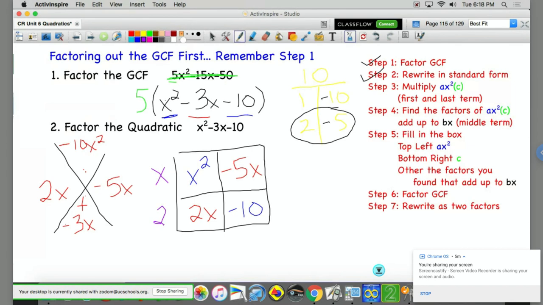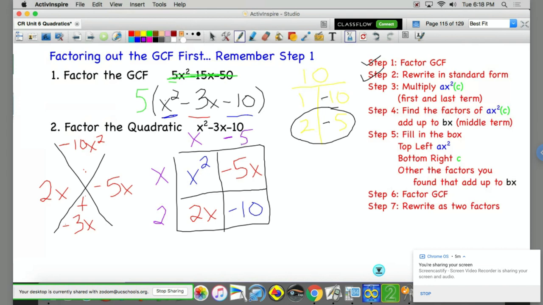Now, we have the first column, x squared and 2x. The only thing they have in common is x. And then we have negative 5x and negative 10. We're going to go ahead and put a negative since we know the leading term is negative. And then will the smaller number 5 go into the bigger number 10 evenly? Yes, it will. So therefore, we're going to pull out a 5.